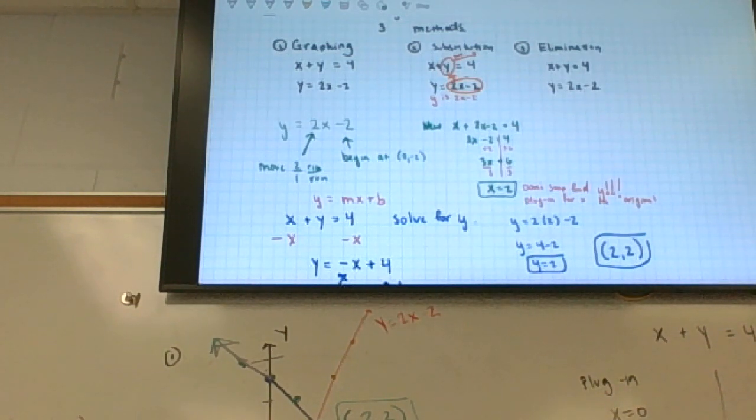Now I'll divide by 3, and I get y equals 2, which is exactly what I got when I graphed these and when I did substitution. Same answer, different method, but it's all the same problem.